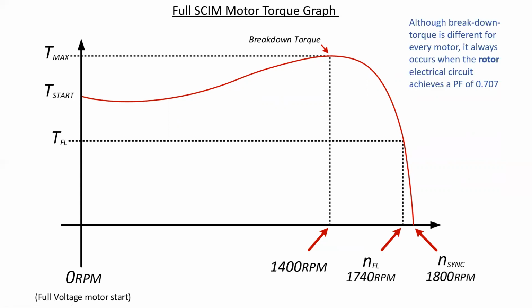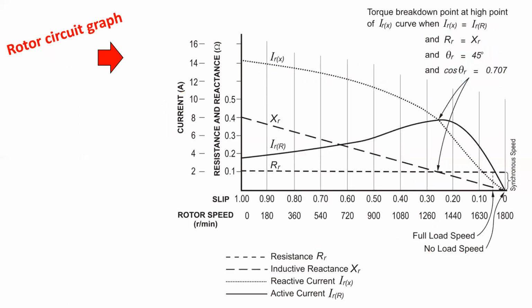Now, it's interesting to note that although breakdown torque is different for every motor, it always occurs when the rotor electrical circuit achieves a power factor of 0.707 or 45 degrees. And what I mean by that is if we were to extrapolate and look at all of the characteristics of the rotor bars themselves inside the squirrel cage, we would see a similar type of graph that shows the current, the resistance, the XL, and all of these different factors happening at the same time.